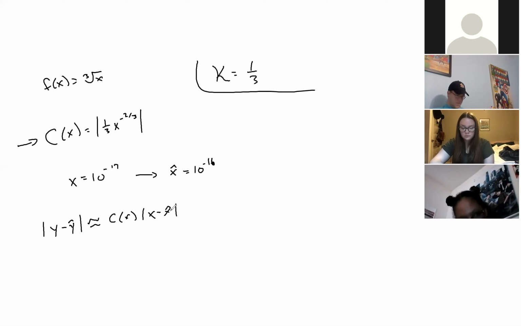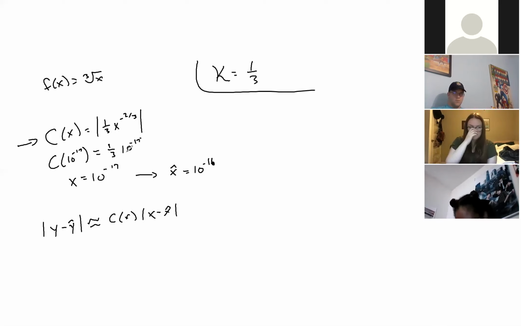All right, so how much of a change is expected in our y values? Well, in this case, what is our condition number for 10 to the negative 17th? It's 1/3 times 10 to the negative 17th to the negative 2/3.